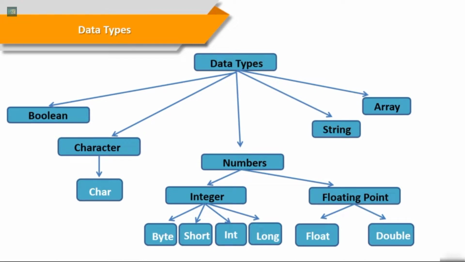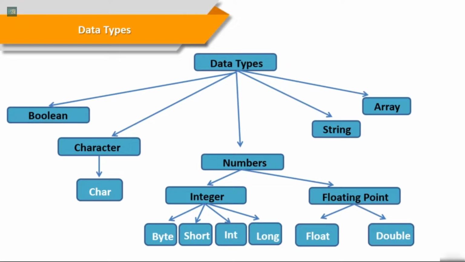So let's have a look at this diagram. There are 5 basic data types available in Kotlin. The first one is Boolean data types. The second is character data types, and this is represented in Kotlin as char. The third is a numbers data type, and there are 2 different number variables. The first is integer variables, and the second one is floating point variables.